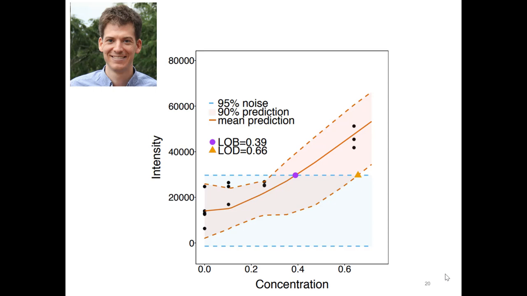So it's very statistically rigorous, and he defines his LODs and LOQs as being the points at which the variance intersects with either the average best fit or the confidence interval of the linear section. So he's modeling, this is what I think the noise looks like, and this is what I think a signal looks like, and now I'm going to define my LOD, LOQ as the intersection of the noise with my signal.